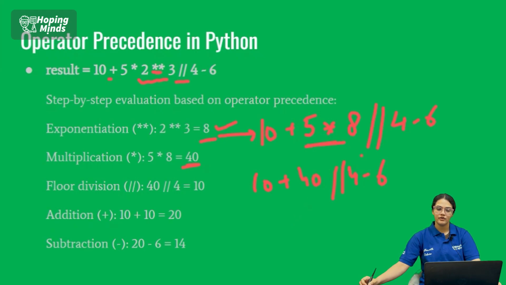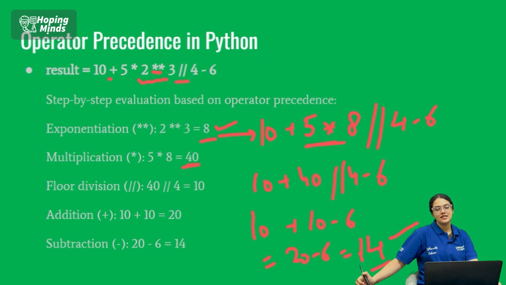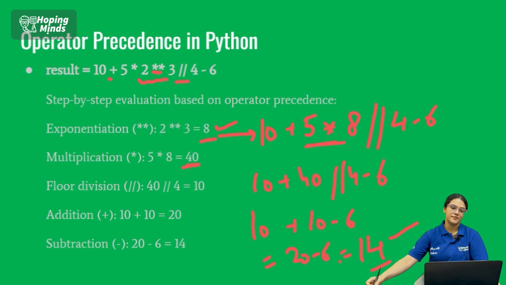You can do it this way also if you want to perform floor division first of all, but it is recommended to go like this. Then 10 plus 10 minus 6. Do we have minus 6 over here? Yes. So it turns out to be 20 minus 6, which gives you 14. Okay, this is the final answer which we have for this statement.